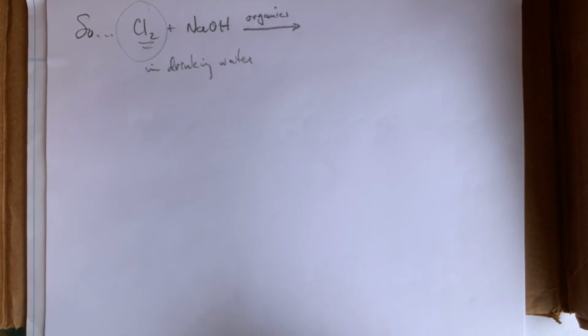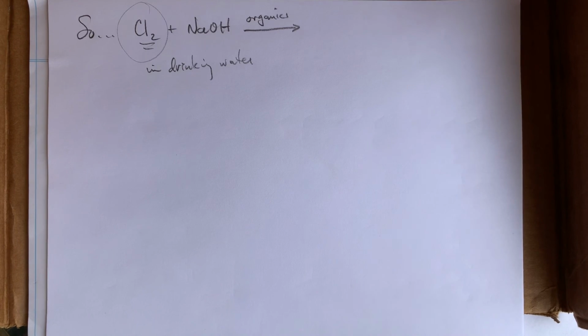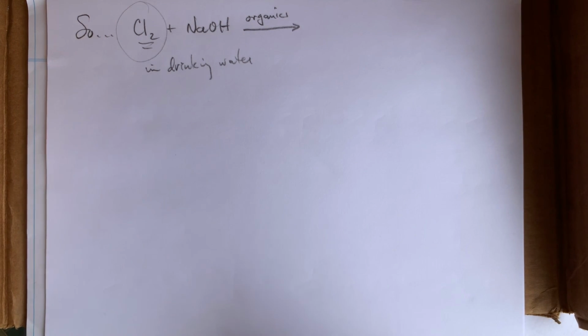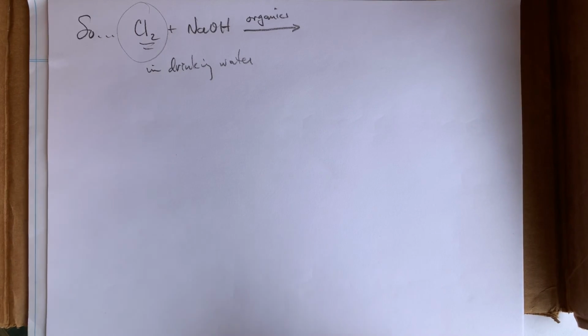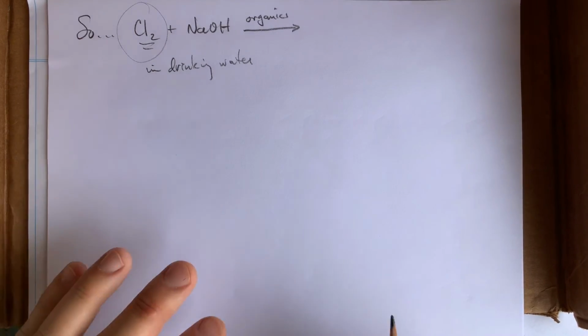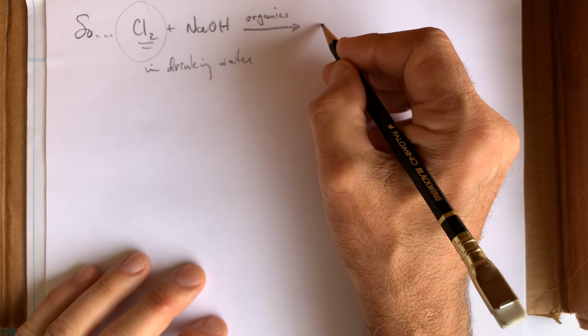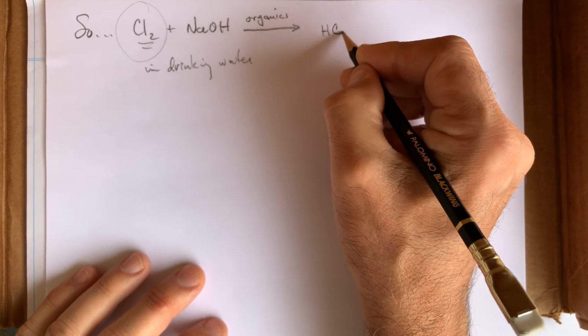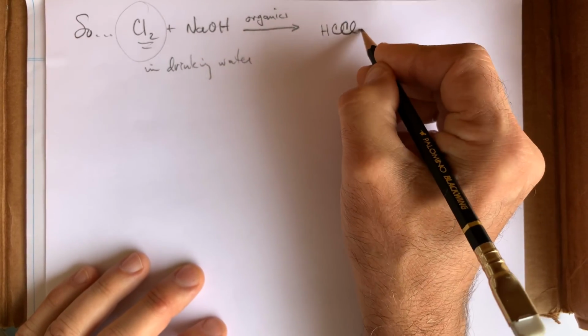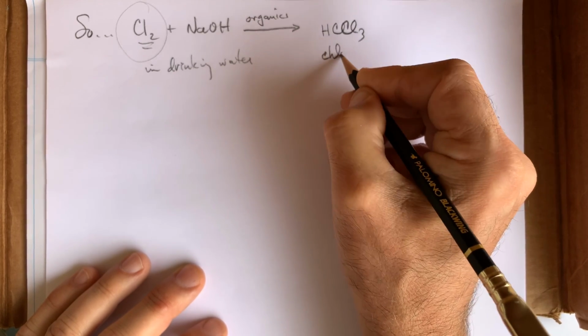In the realm of naturally occurring organics that makes it into your drinking water, and that could be acetone, it could be any other methyl ketone, you're going to generate the CHCl3 chloroform.